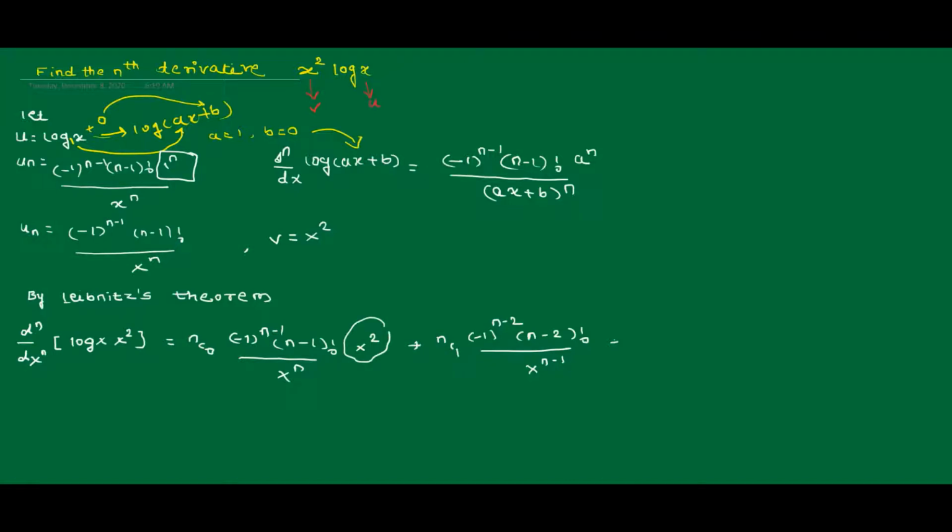Differentiation of this x square is equal to 2x, plus next nC2, minus 1 raised to n minus 3 into n minus 3 factorial divided by x raised to n minus 2, and the differentiation of this 2x is equal to 2.